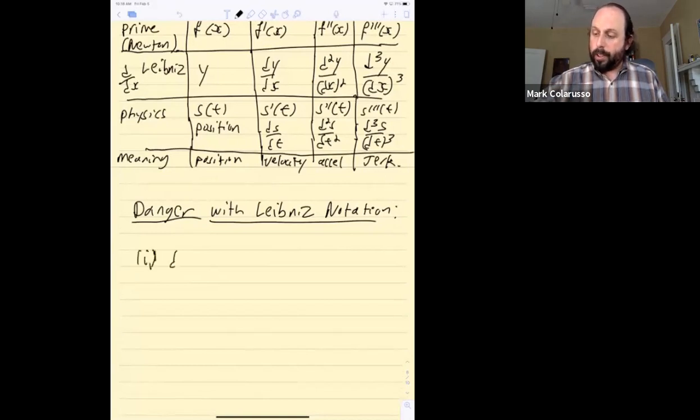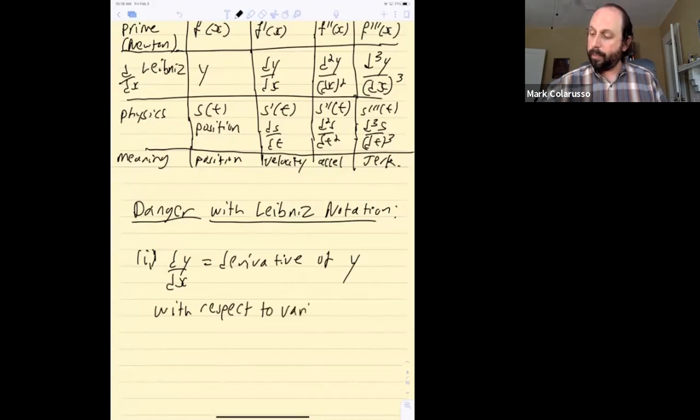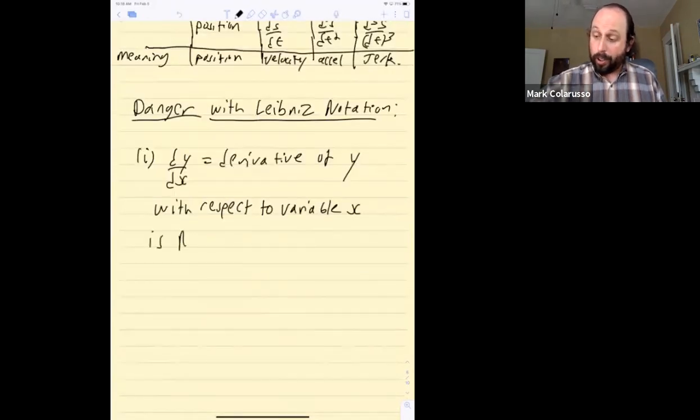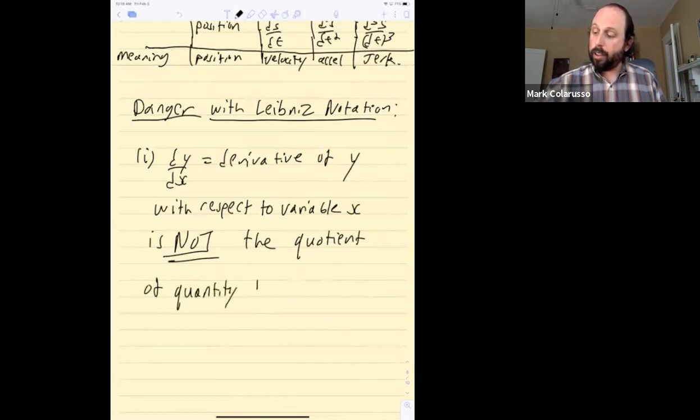So dy dx, which is the derivative of y with respect to x, is not the quotient of quantity dy by quantity dx.